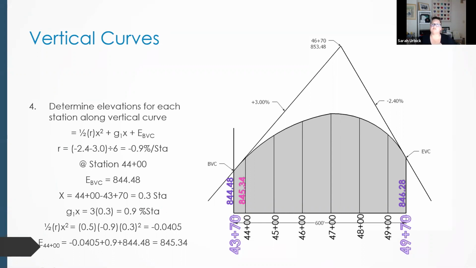Doing the math and the conversion with the units of measure gives us every station we drop 9/10 of a foot. So how did I get the elevation at our beginning of vertical curve?